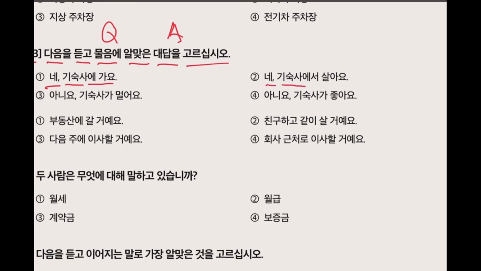I am living in a dormitory. 3. 아니요, 기숙사가 멀어요. This is our answer. No, my dormitory is very far. 4. 아니요, 기숙사가 좋아요. The dormitory is very good.